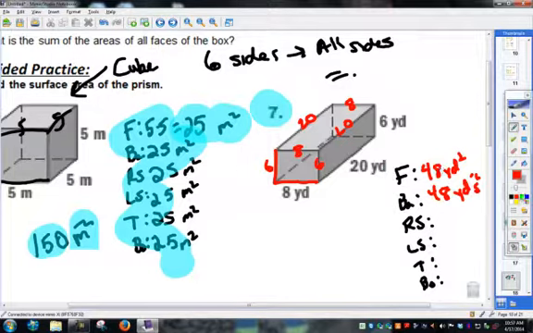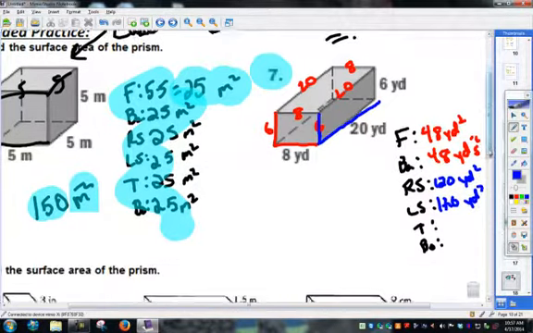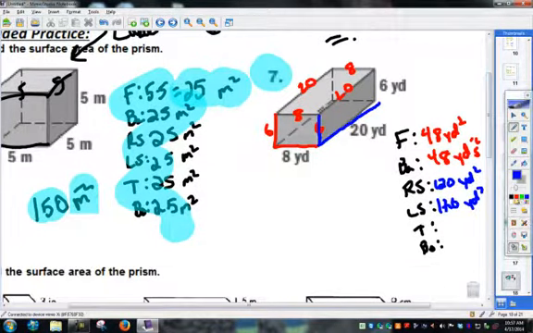The right side is going to have dimensions of this by this. So it's going to be 6 times 20, which is 120 yards squared. The top is going to be this by this, which tells me 20 by 8. Therefore, it's going to be 160 yards squared.